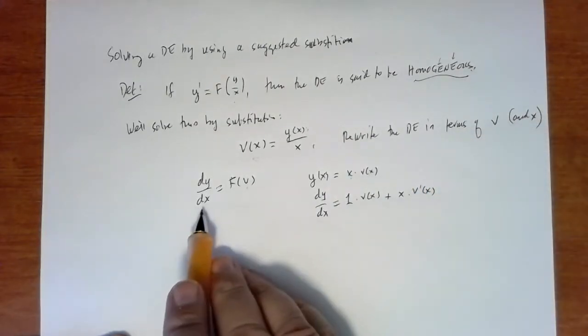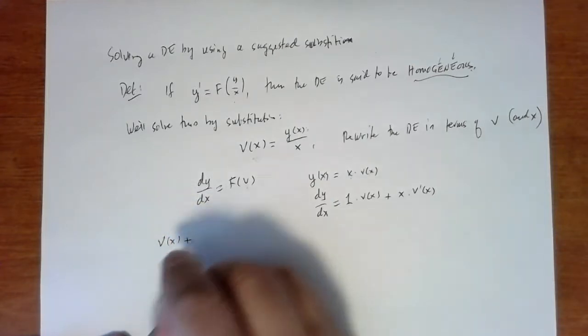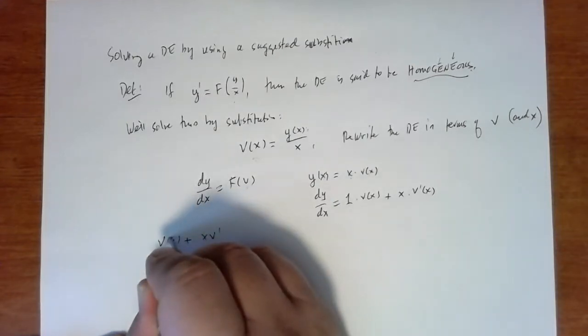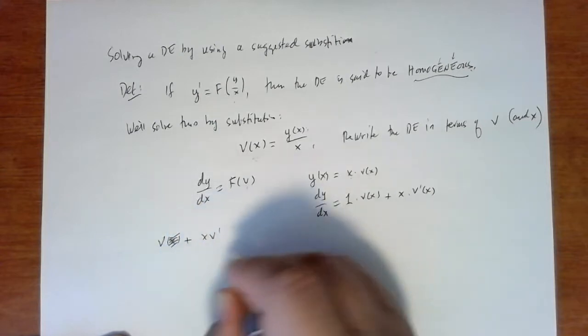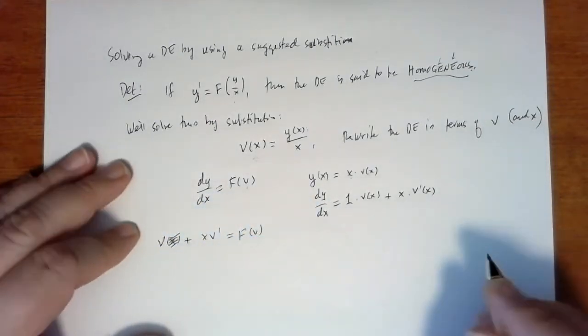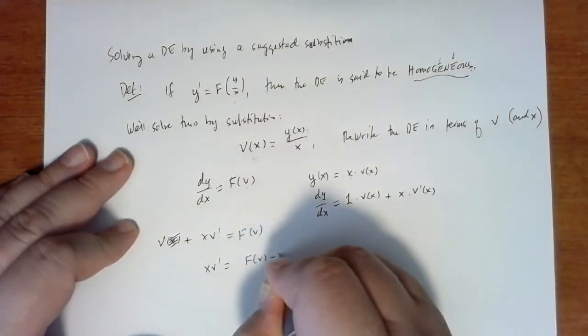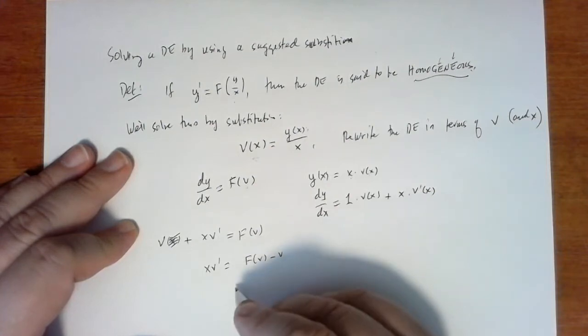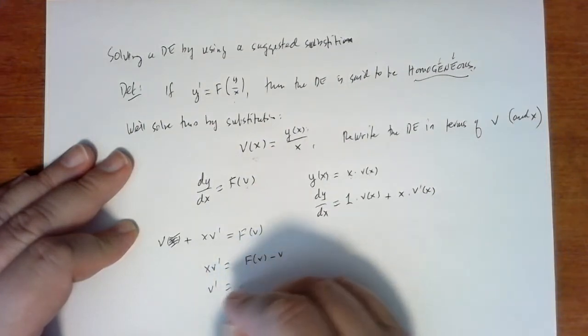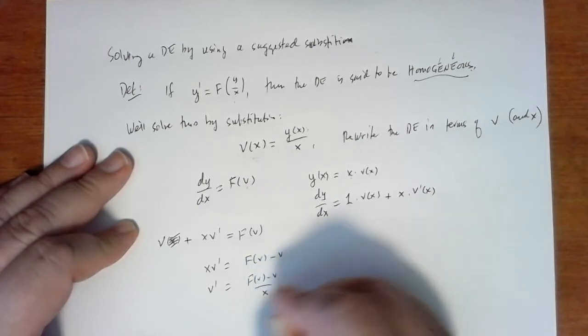Okay, and so on this side of the equation, we would write v of x plus xv prime. That's f of v. Okay, so therefore xv prime is now f of v minus v. And so v prime is f of v minus v, divided by x.